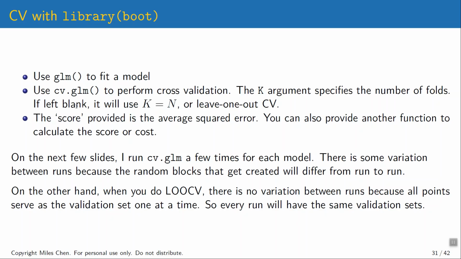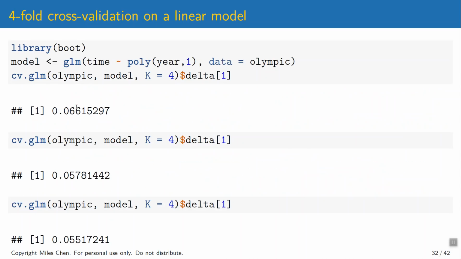Anyway, using a GLM, cv.glm makes this cross-validation stuff really easy. All we do is fit model GLM. I don't know why I did poly year one; I could have just done year. Poly year one is the exact same thing as year. I think I was just copying and pasting code and changing the value.